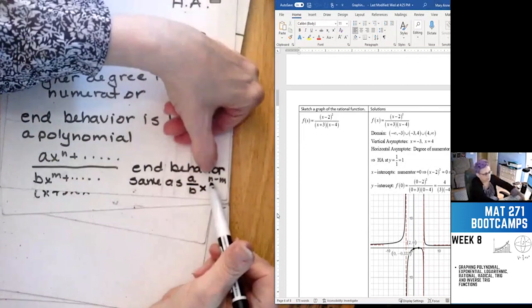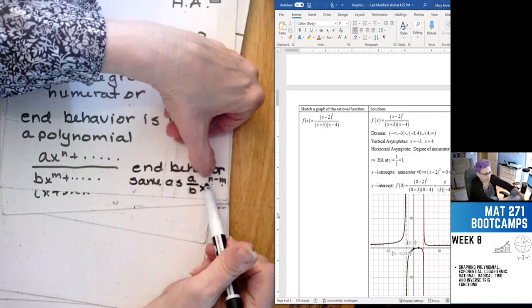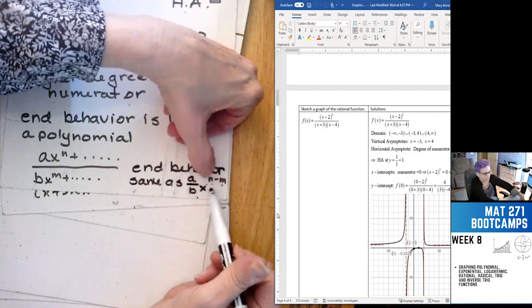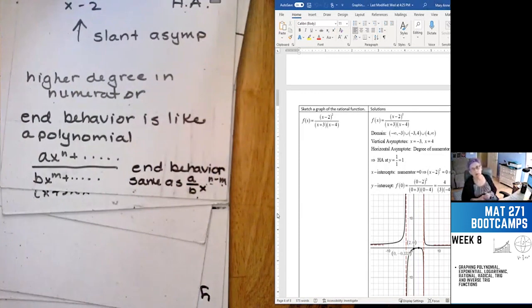So if n is bigger, then it's going to be like a polynomial. If n is smaller, it's going to go to 0. If n and m are the same, then it's just a over b. That always works.